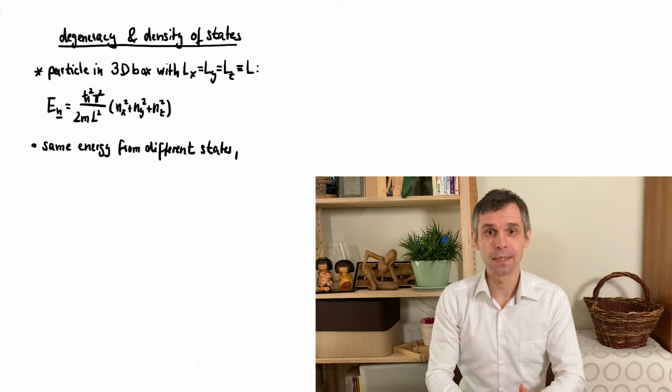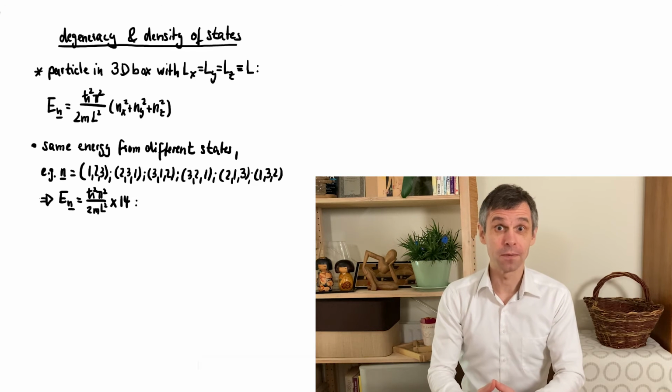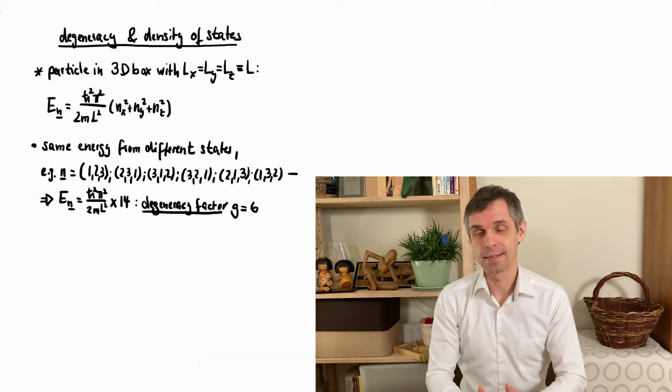So, for instance, we can find 6 states for which the squared length is 14, as shown here. To keep track of this degeneracy, we introduce the degeneracy factor G, and here for this state it is just 6.